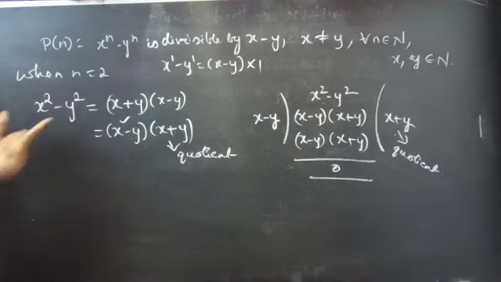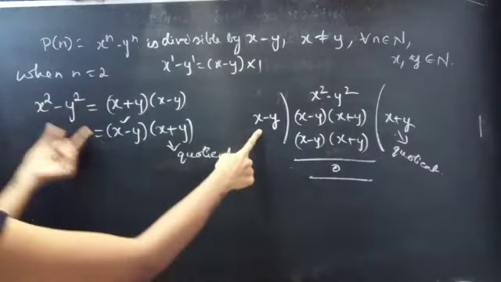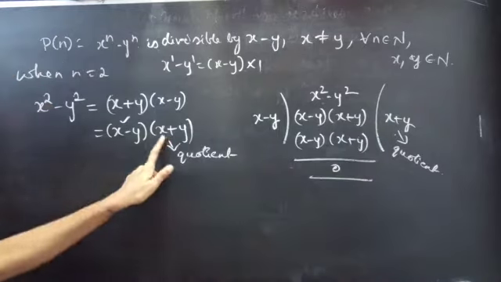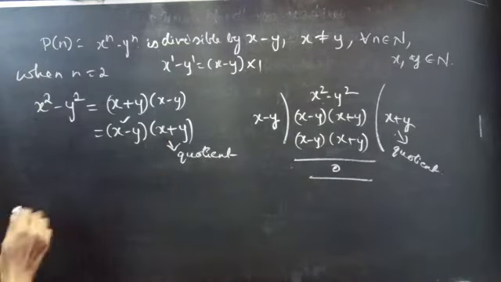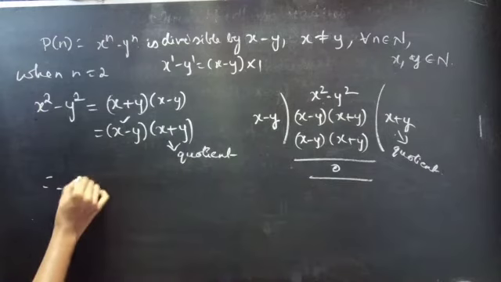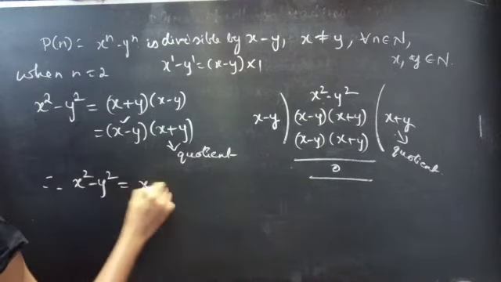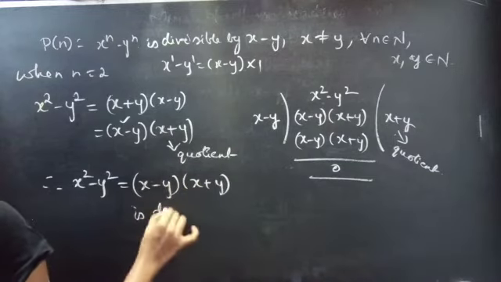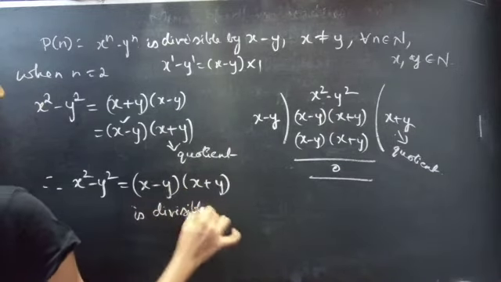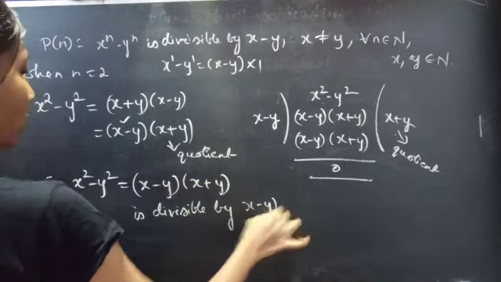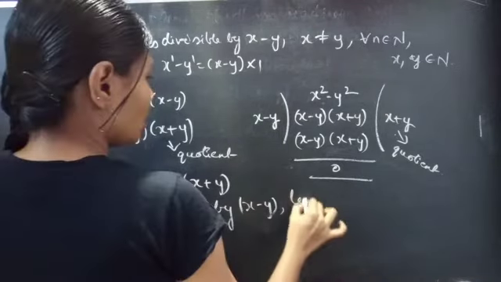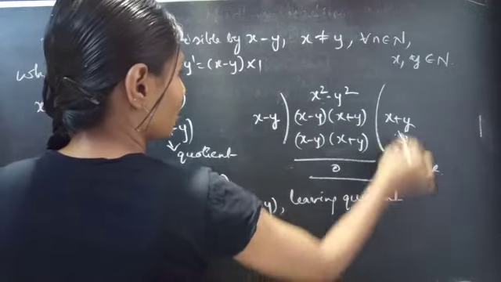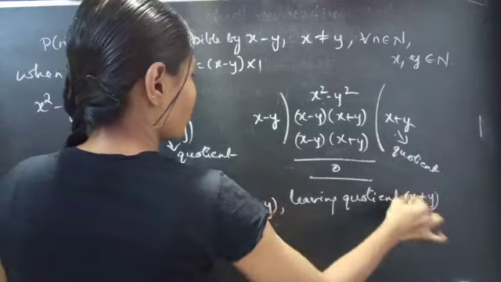So it is clear that x square minus y square is divisible by x minus y, leaving quotient x plus y. Therefore x square minus y square equals to x minus y into x plus y is divisible by x minus y, leaving quotient x plus y.